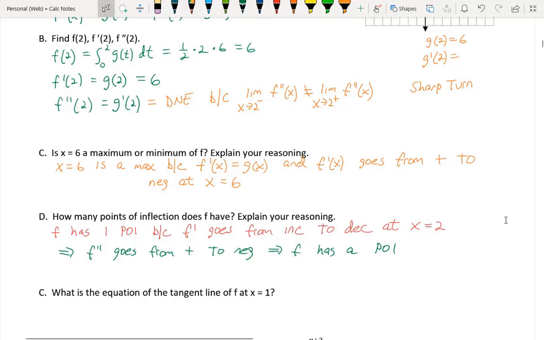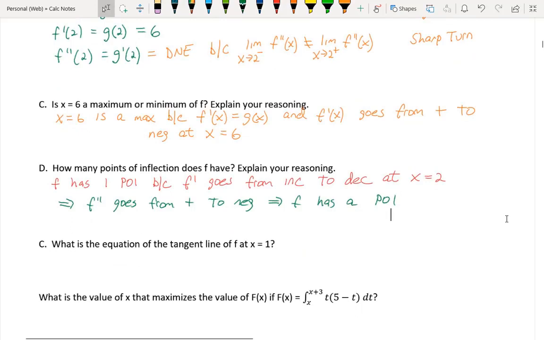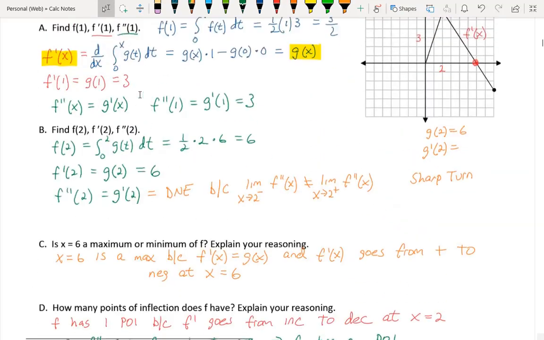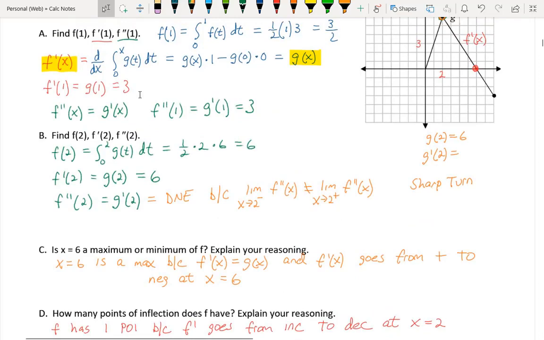All right, what is the equation of the tangent line of f at x equals 1? Well, for any tangent line we need a point. So I need a point at 1, so I need to know what f of 1 is. I think we already did that back here up at the top. f of 1 was equal to 3/2.